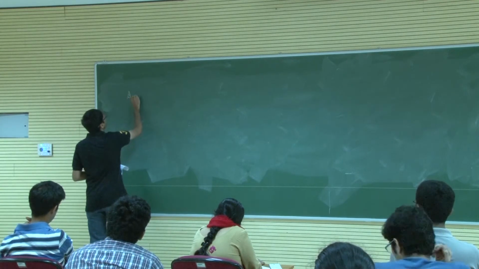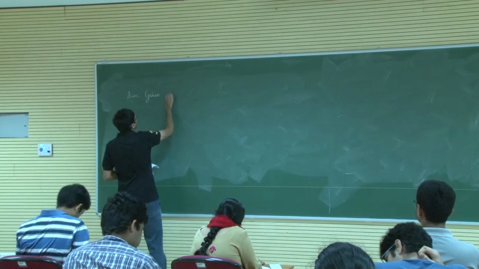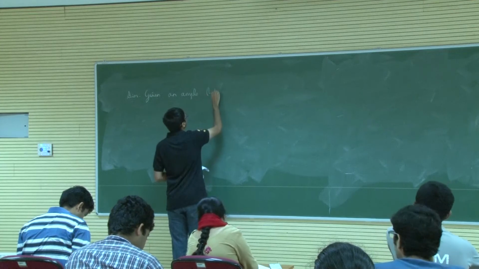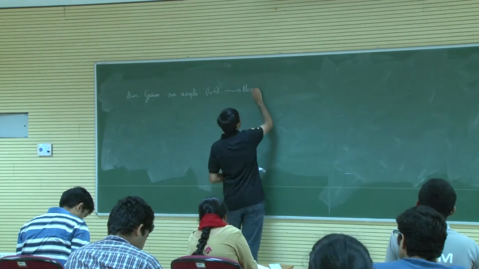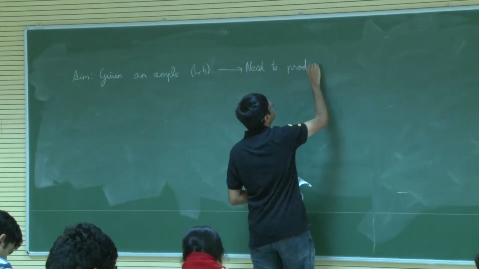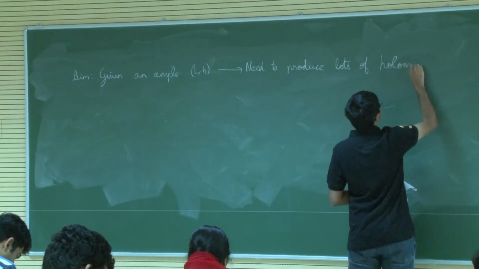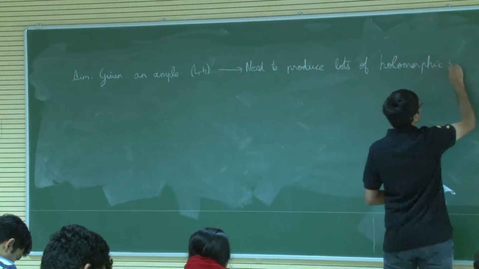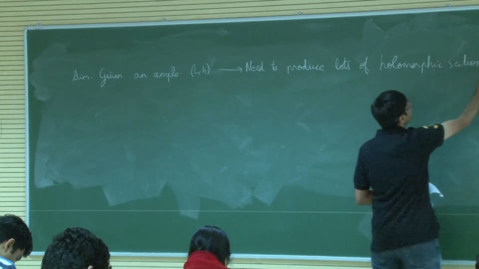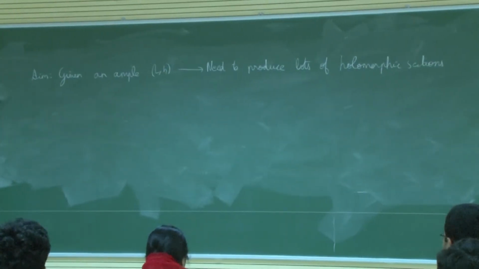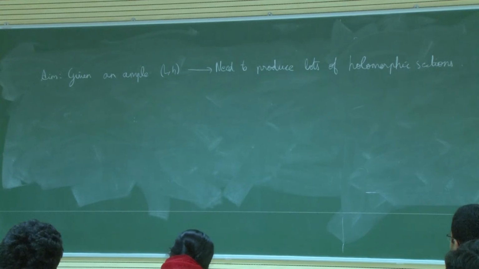So the aim is, given an ample, meaning positively curved, line bundle, produce lots of holomorphic sections. This is the aim. This is the way we will prove Kodaira's embedding theorem. So the rest of the discussion will be about a sketch of the proof. It's not an easy proof and it requires a lot of PDE theory, so I'll just give a sketch, just to give a rough idea.